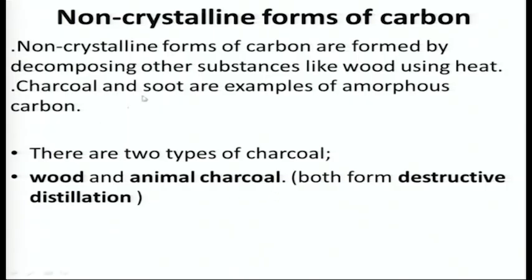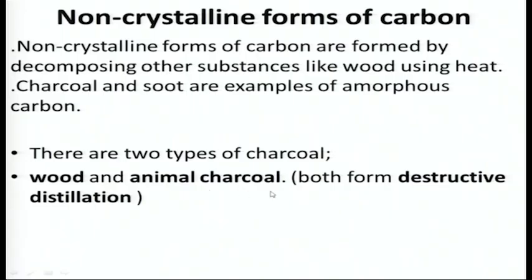This black thing, when you light a candle, there are black things that gather. Those are soot. All right? So these are two. Under this, we are starting by looking at charcoal. There are two types of charcoal: the wood charcoal and the animal charcoal.